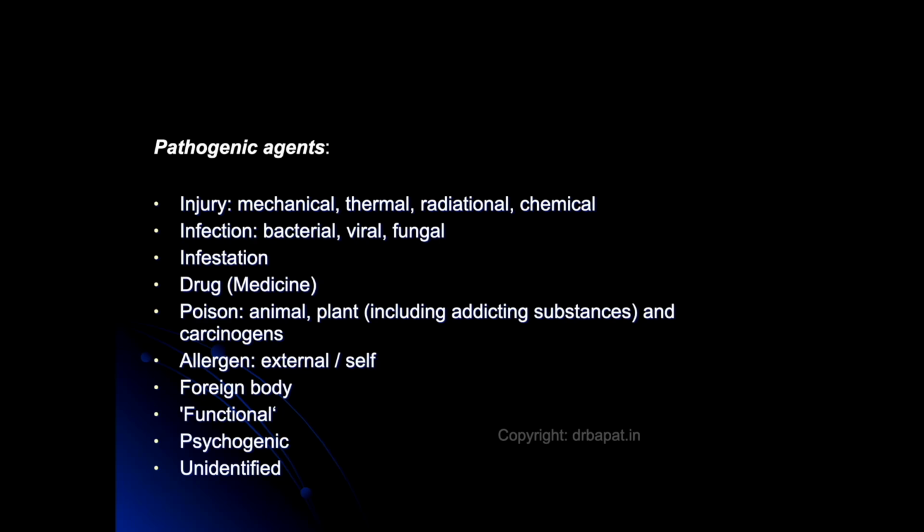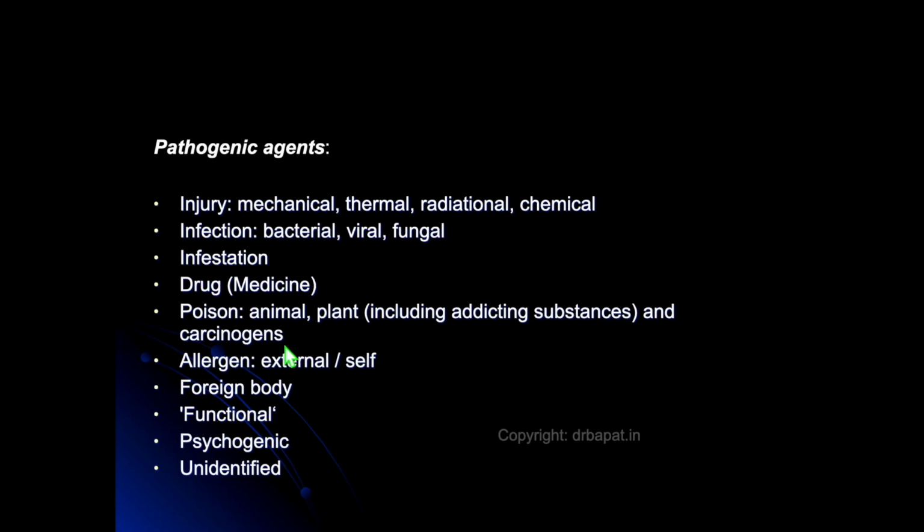Sometimes, however, the pathogenic agent may remain unidentified. Injury may be mechanical, thermal, radiation, or chemical. Infection may be bacterial, viral, or fungal. Poison may be of animal origin or plant origin, and it includes carcinogen as well.